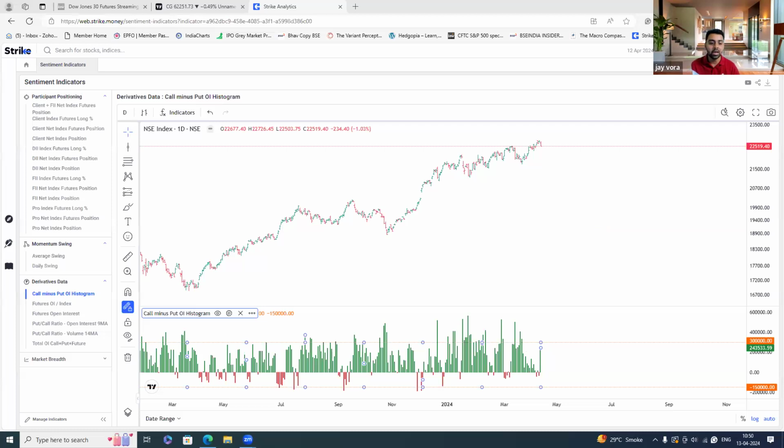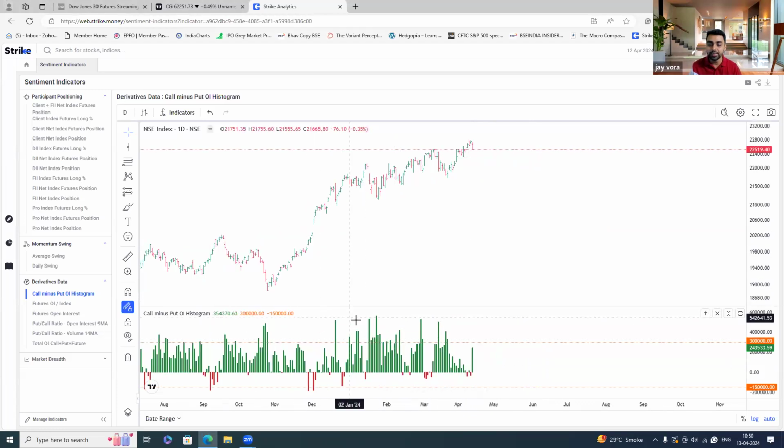Now this again, I have found very helpful from a short-term perspective, meaning that when there are a lot of call options as compared to put options which are open, then a short-term bottom can be found, and we can get a pullback. Okay, like you see over here as well. Over here we had this maximum call and put, but like I told you, all these things are relevant only from a day or two perspective.